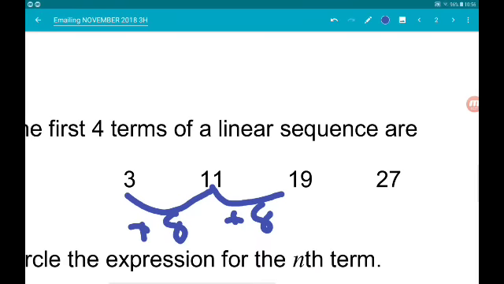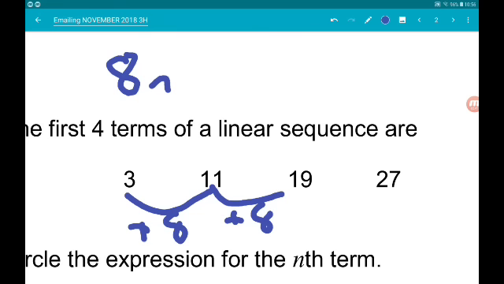That means it's something to do with 8n. Now n is the term number, so if we plug in n is 1, we then compare it to the first term. So 8 times 1 is 8.